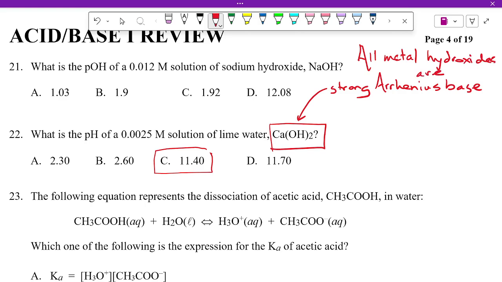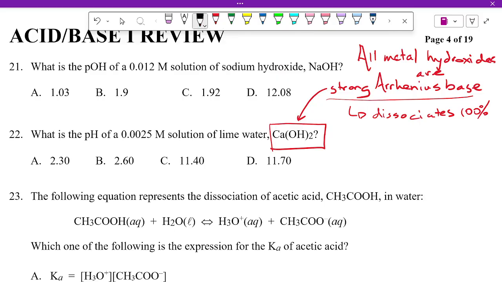And from that, you can tell that it should be either C or D. So if you have no idea what you're doing, at least you've got a 50-50 chance of guessing correctly. Yes? But if we look at Ca(OH)2, what does a strong Arrhenius base do? It dissociates. How much? 100%.